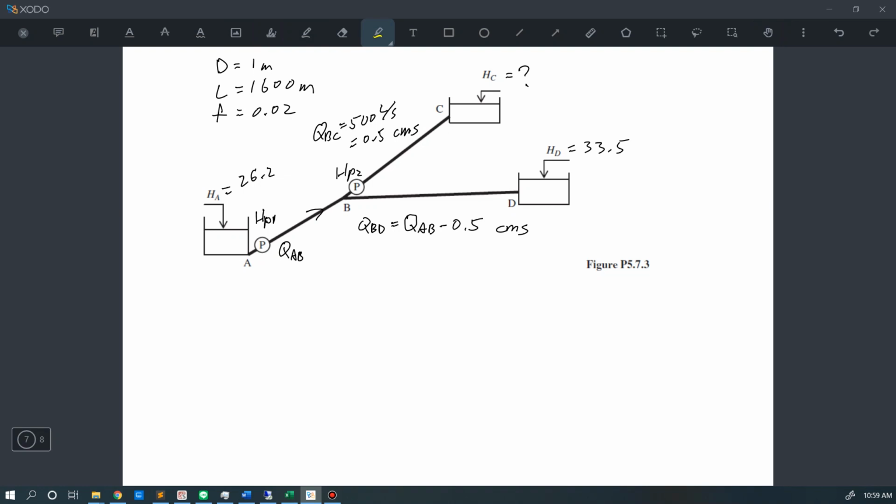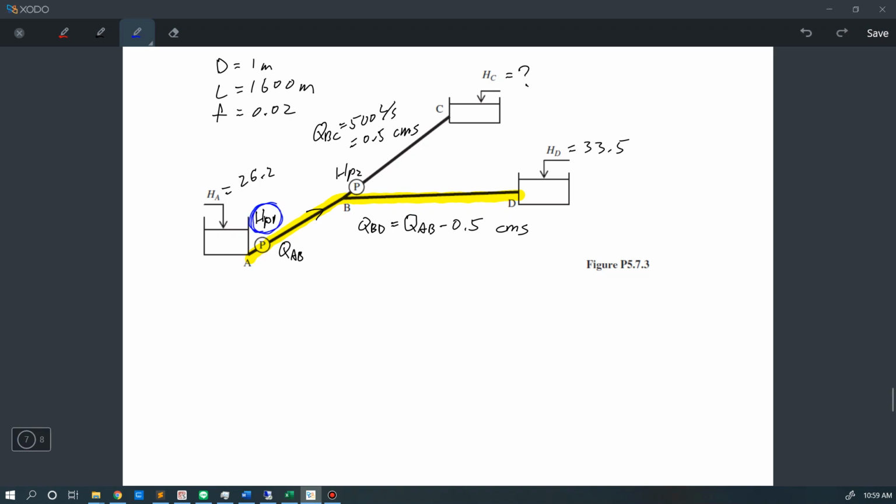Okay, so let's first choose A to B and B to D as our first target. Why? Because in this pipeline, we only have one pump involved.